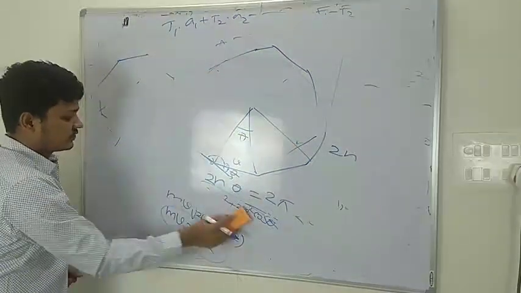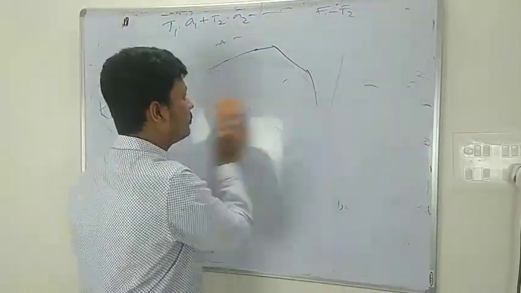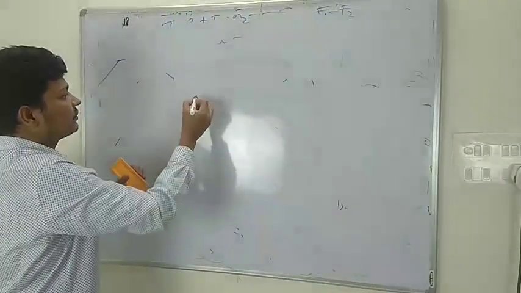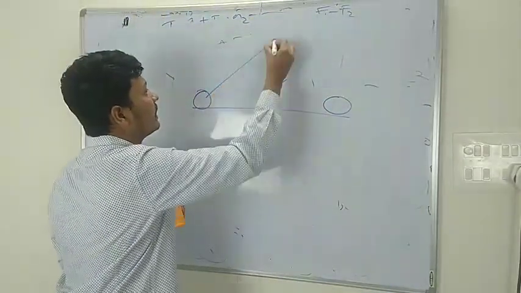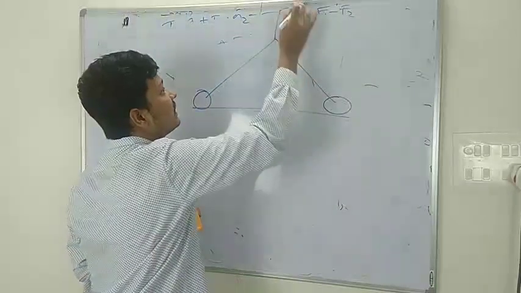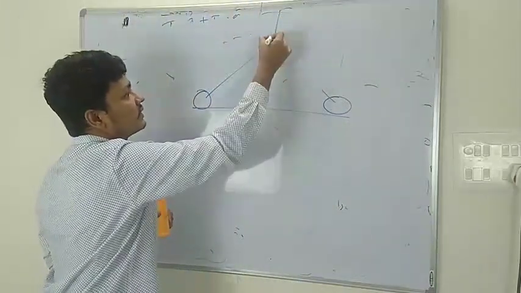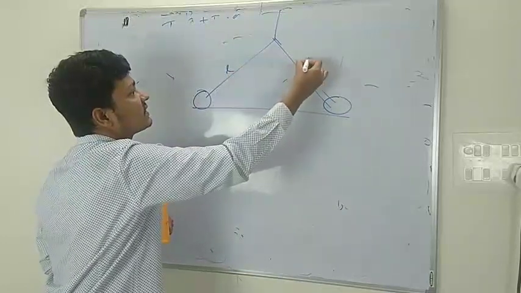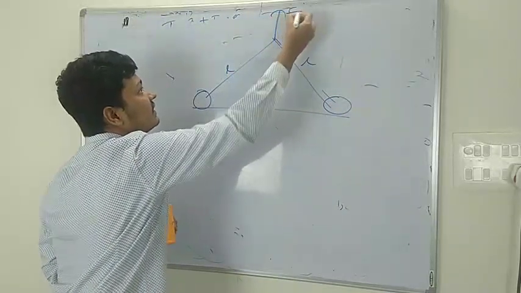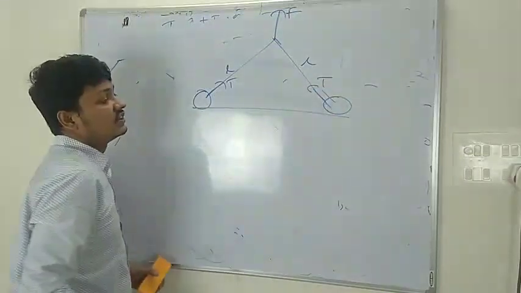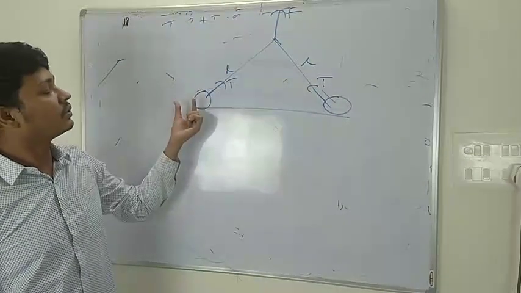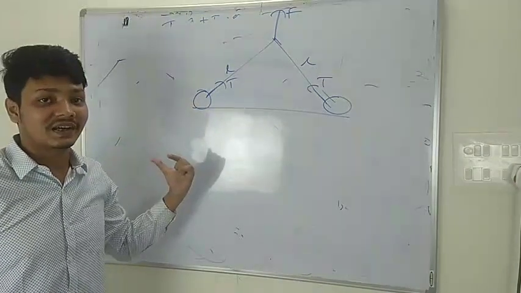So next, question number 23, you have a diagram like this, and total length is 12, that means this is L, this is L. If force is acting like this, then tension must be T and T. They are asking the maximum value of F so that the ball will not lose contact.